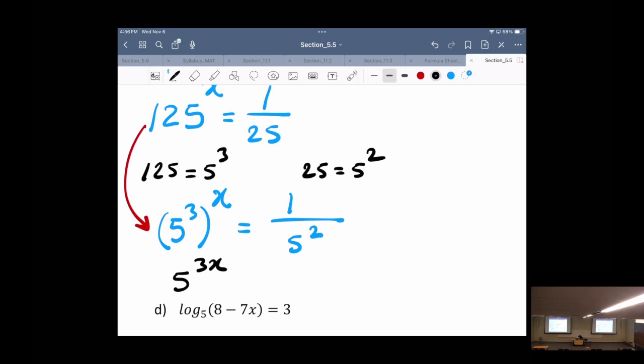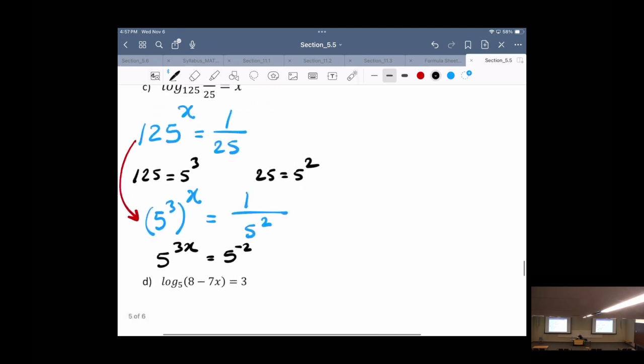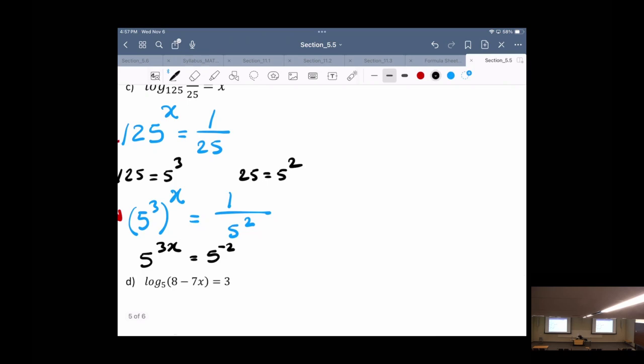And then I can rewrite the right side as 5 to the negative 2 power. I can simply bring the 5 squared up, and that will make the power negative, which is, of course, another property of exponents. So now take a look at these. Now, the bases are the same, 5, right?